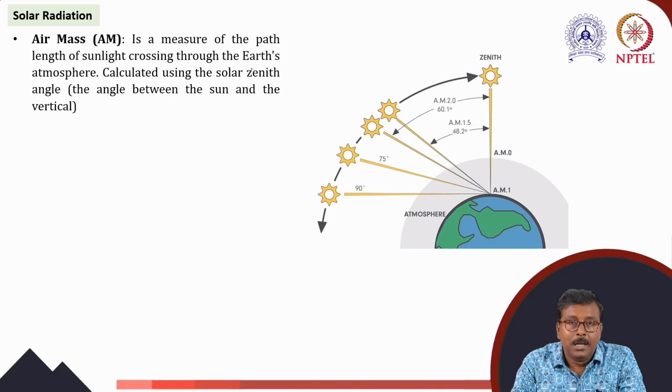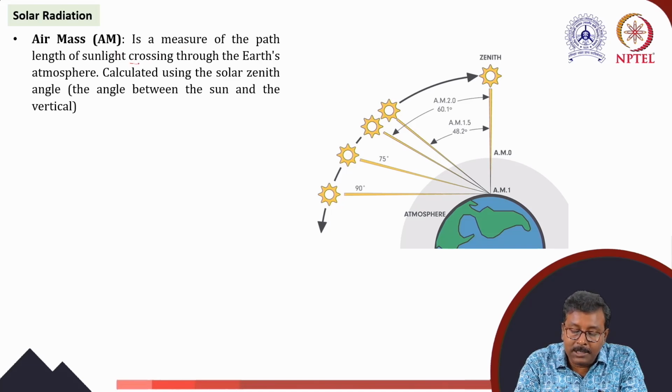So this is the measure of air mass. It means the amount of length which is crossed by sunlight through the atmosphere.